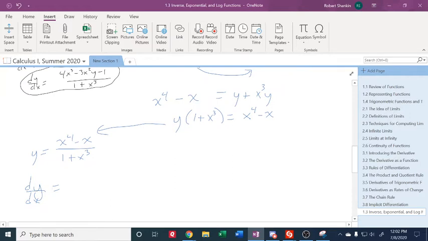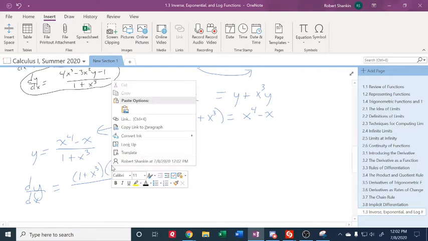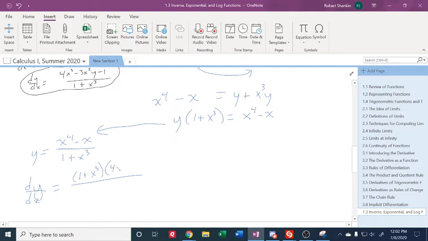So now you use the quotient rule, and it's the bottom times the derivative of the top, minus the top times the derivative of the bottom, over the bottom squared.